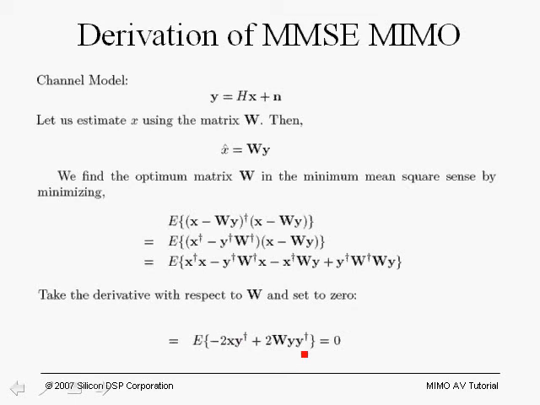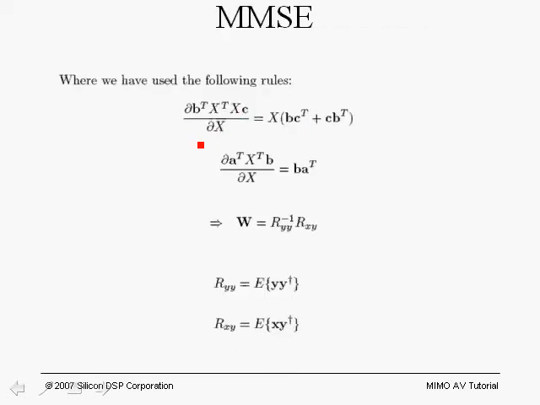And in obtaining this expression from the expression shown here, we are using these identities, which are available in the matrix cookbook that we referred to earlier in the derivation of the zero forcing equalizer. So when you have terms where B and C are constants, and we're taking the derivative with respect to the matrix X, and we have B transpose X C, we take the derivative, we get this expression over here.